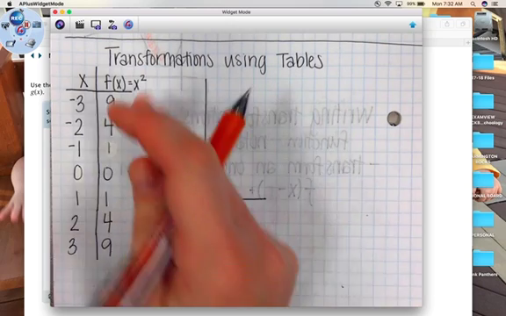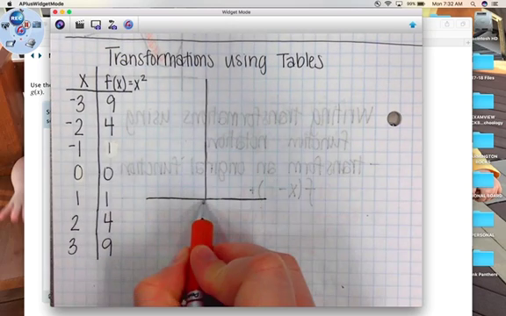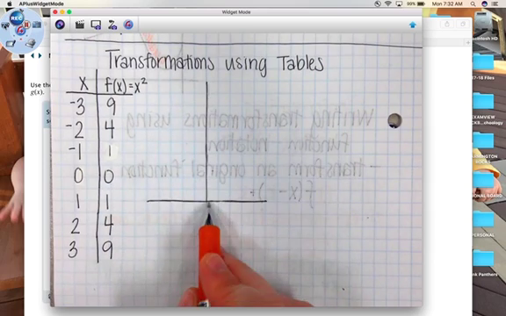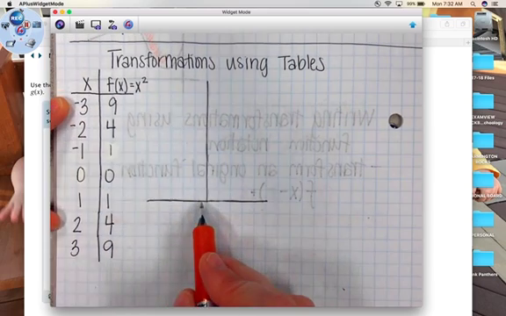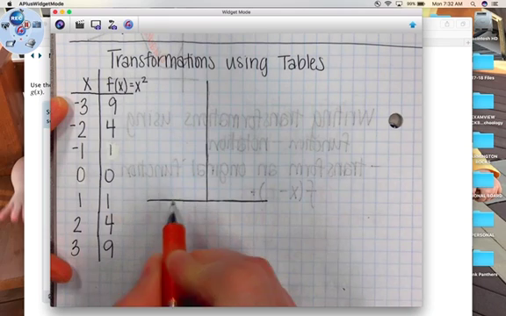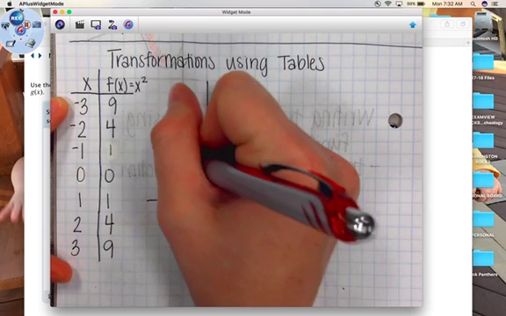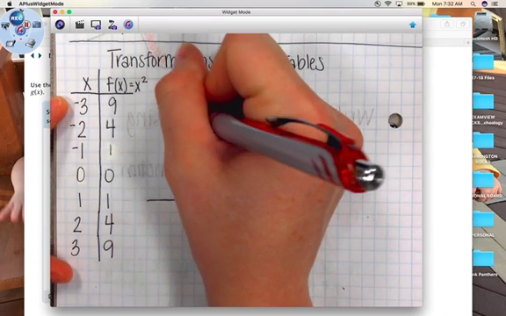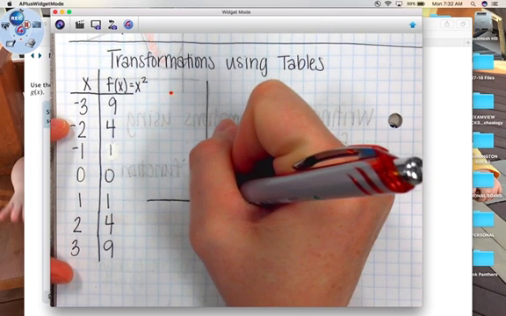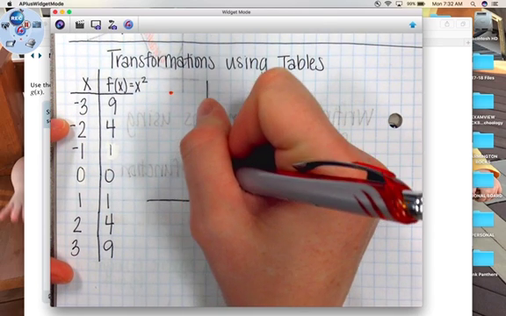So this is a 10 by 10 grid, and I just put the y-axis in the middle so that I can plot both sides of this parabola.